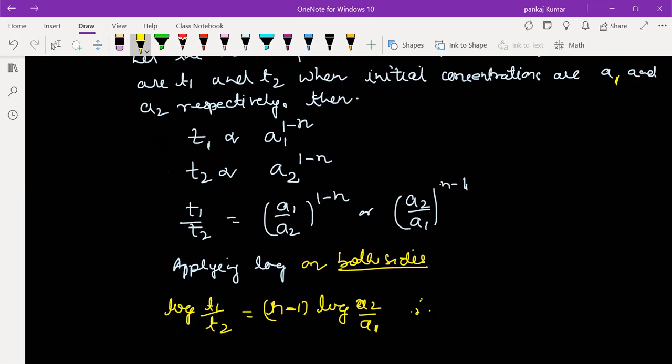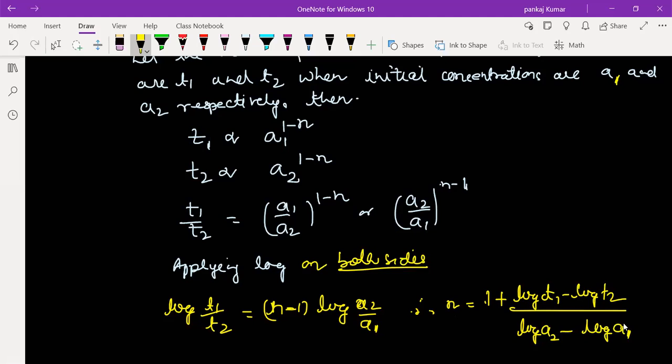So what is the n value? Hence n is equal to 1 plus log T1 minus log T2 divided by log A2 minus log A1. This is for a definite fraction.